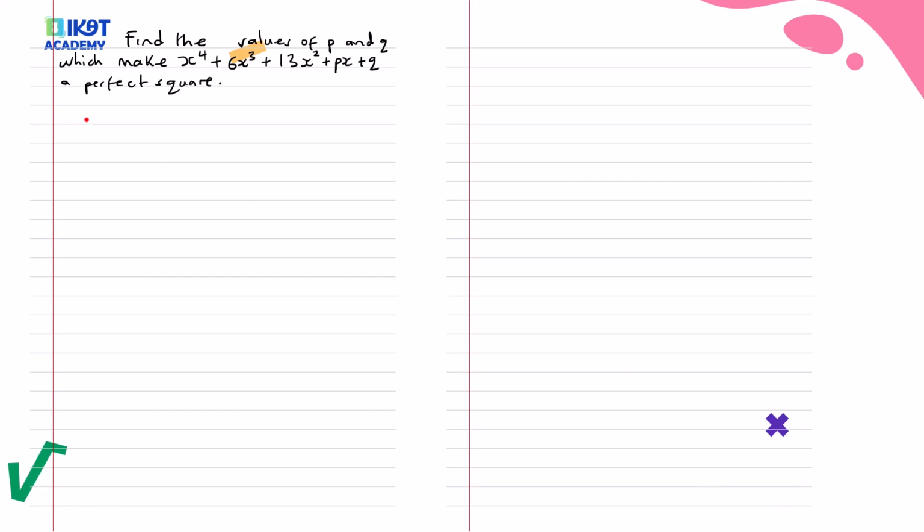Okay, so for this question, we've talked about a perfect square in one of our chapters on quadratic equations, but now this is for power 4.